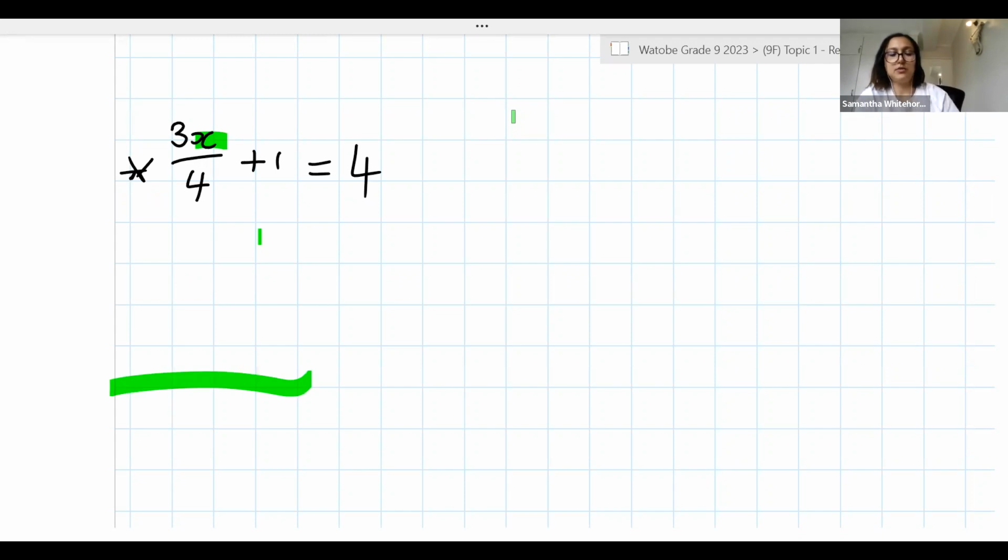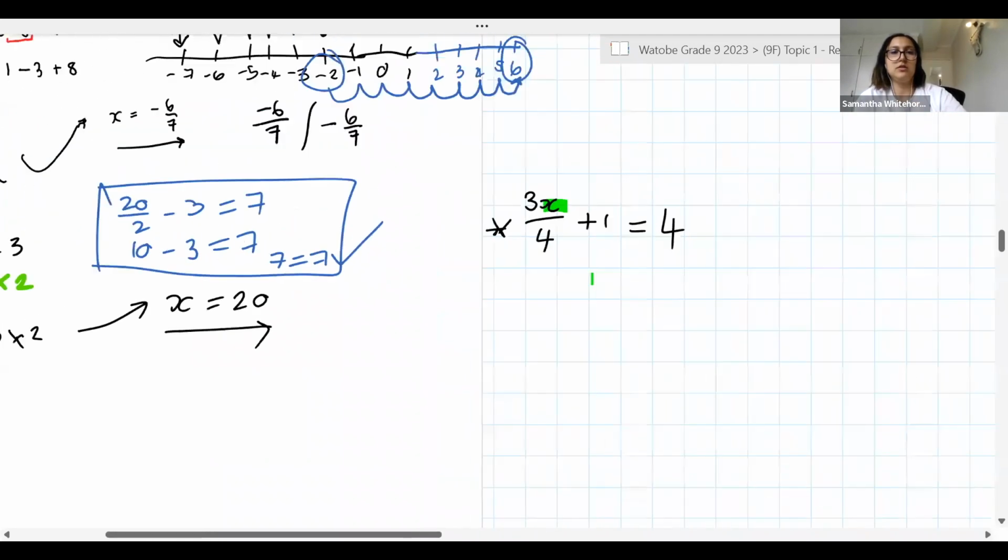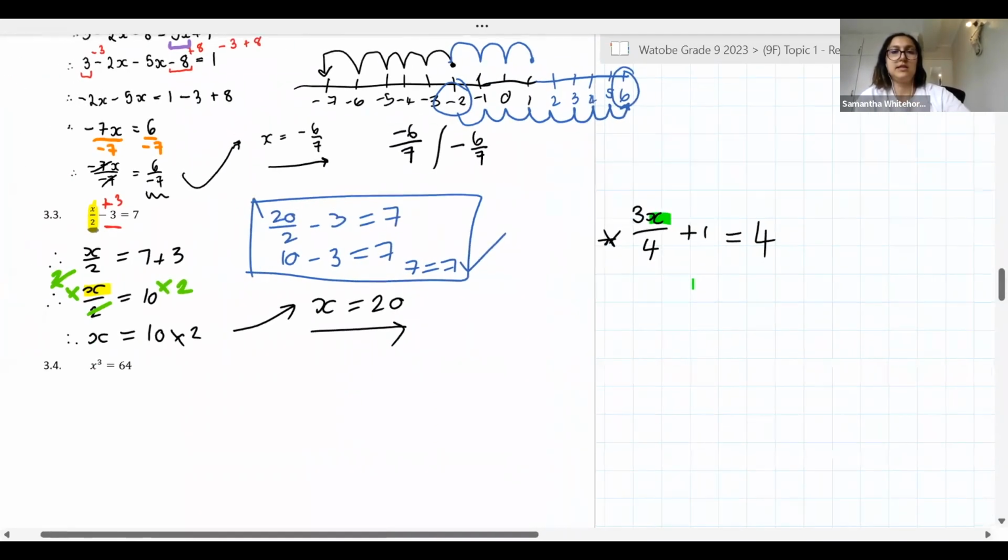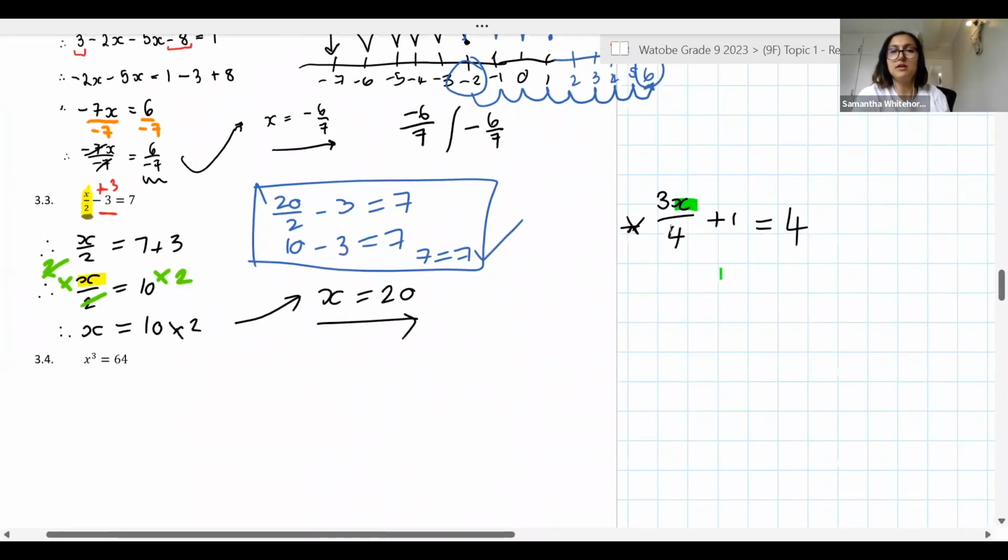What I actually will do for you as well is we can do this so you can see how we did 3.3, just to help you along a little bit. And again, if you want to raise your hand to let us know, please do.